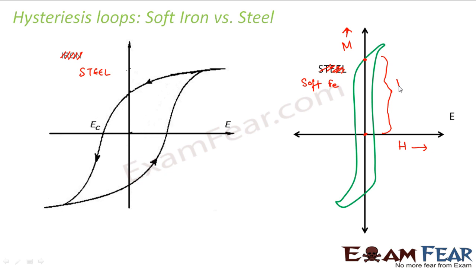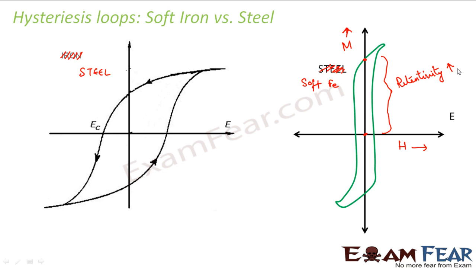If you see here, retentivity is quite large, right? So soft iron is a material which is suitable for purposes where we want the substance to retain its magnetization even when the magnetic intensity has been reduced to 0.